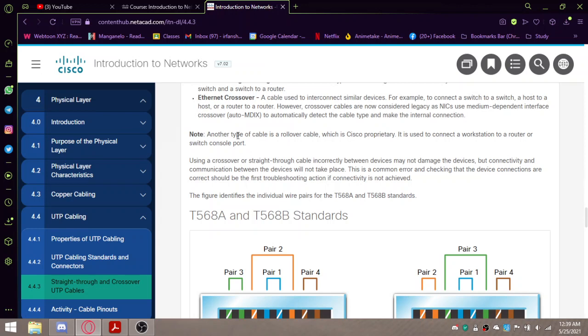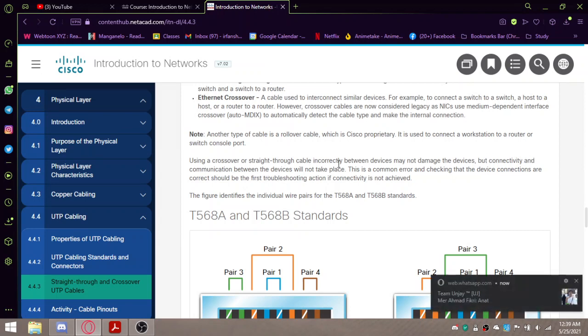Now, another type of cable is a rollover cable, which is Cisco proprietary. It is used to connect a workstation to a router, or a switch or router to the console port. Using a crossover or straight through cable incorrectly between devices may not damage the devices, but connectivity and communication between devices will not take place.